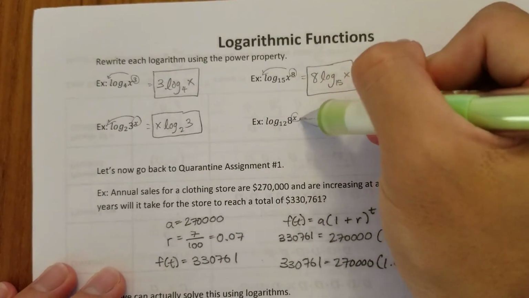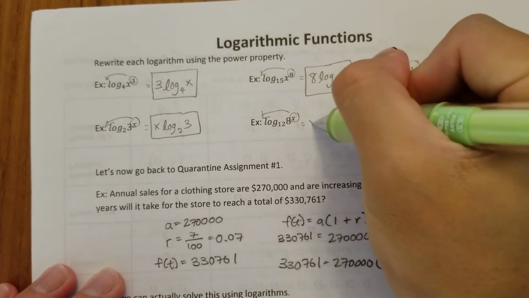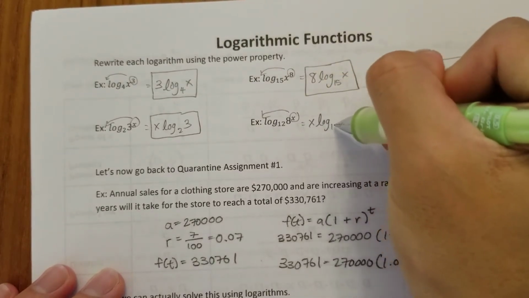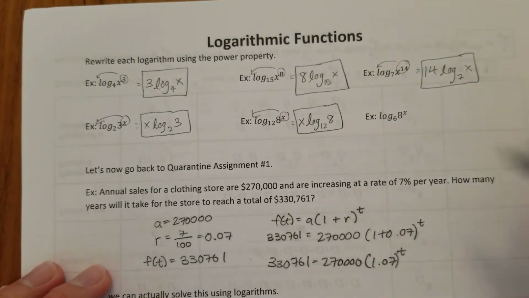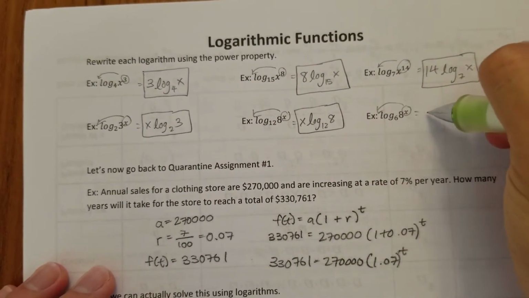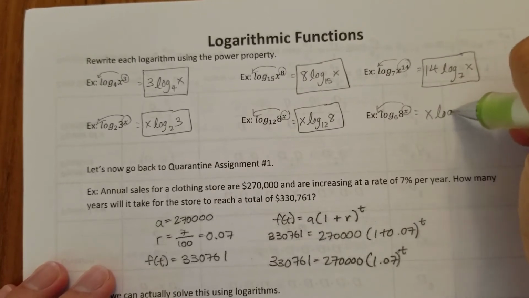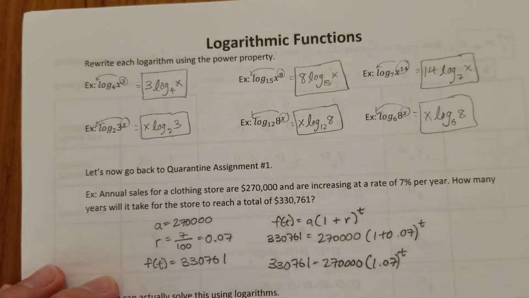This one, x gets moved down there. So this is x times log base 12 of 8. Same thing for this one. This gets dropped down here. x times log base 6 of 8.